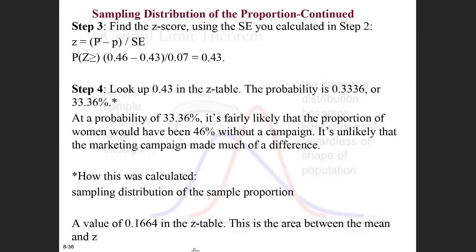So in this case, at the probability of 33.36%, it's fairly likely that the proportion of women would have been 46% without a campaign. It's unlikely that the marketing campaign made much of a difference. Okay? This is an answer to the actual question.